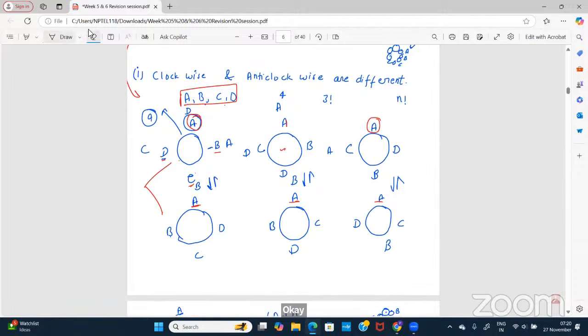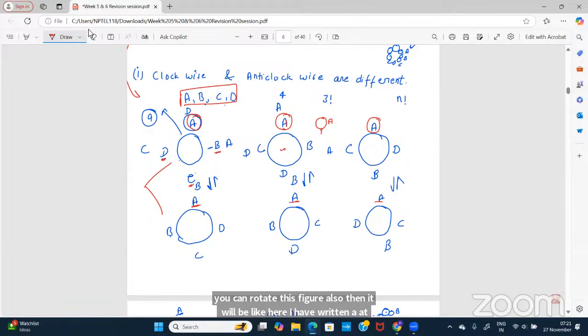So what we do, we just fix one point, one object, and we try to arrange the remaining objects. You can rotate this figure also, then it will be like here I have written A at this position. What if I write A here, then B here, then D here, then C here? This will be same, right?